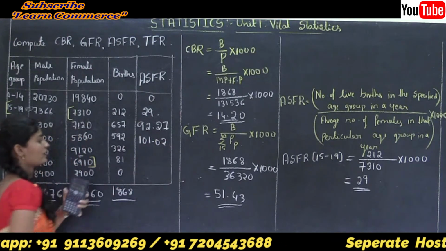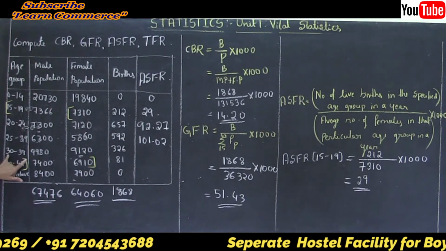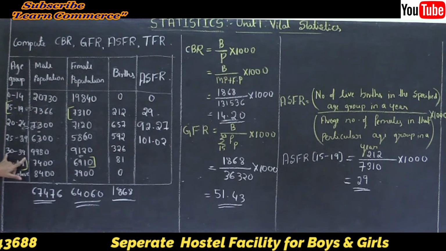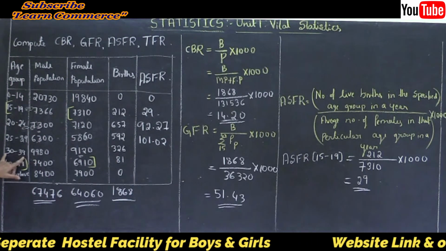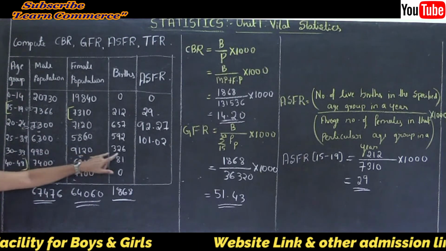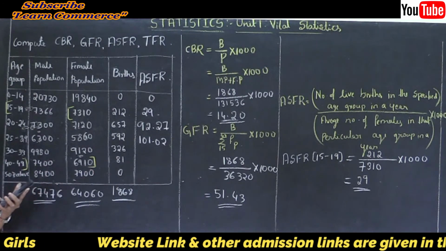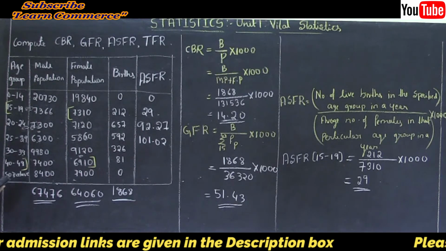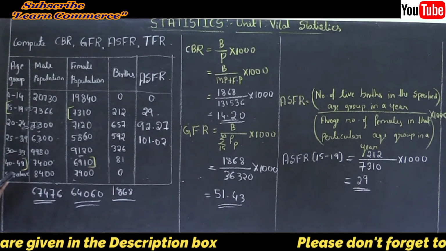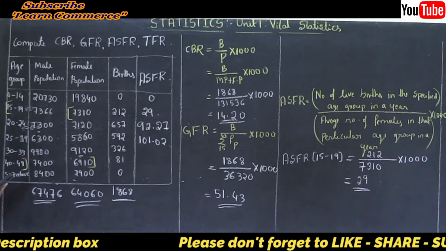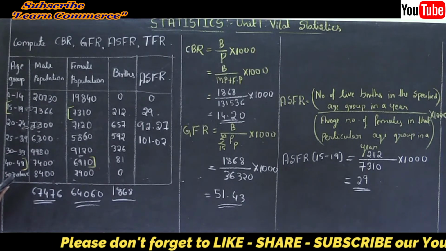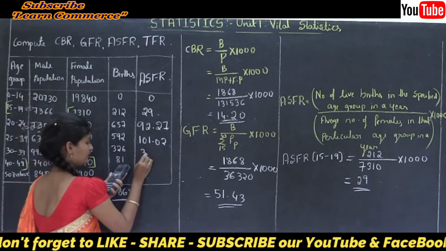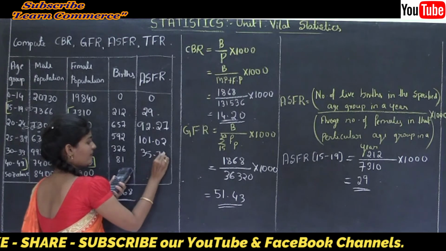That is 101.02. Next specified age group 30 to 39. In this age group the number of births is 326 divided by the female population 9,120, into 1000, that is 35.74.